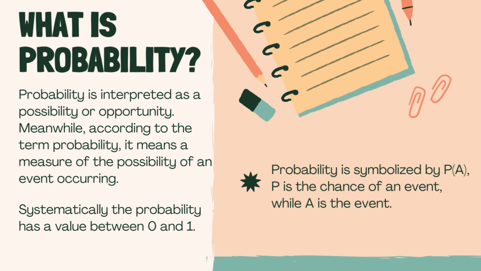If the probability of an event is 0, it indicates that the event will definitely not happen. Meanwhile, if the probability of an event is 1, it indicates that the event will occur. Probability is symbolized by P(A). P is the chance of an event while A is the event.